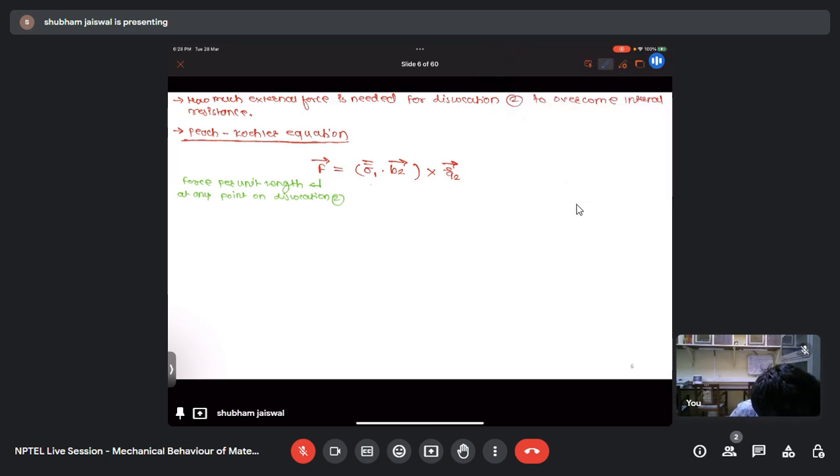Sigma 1 is nothing but the stress field of dislocation 1, or in simple words we can say this is the stress that will be experienced by dislocation 2.